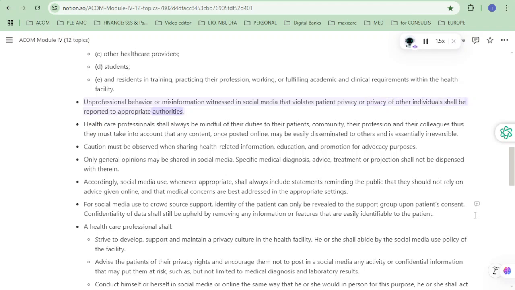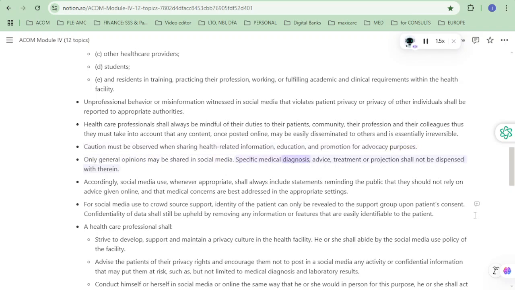to appropriate authorities. Healthcare professionals shall always be mindful of their duties to their patients, community, their profession, and their colleagues. Thus they must take into account that any content, once posted online, may be easily disseminated to others and is essentially irreversible. Caution must be observed when sharing health-related information, education, and promotion for advocacy purposes. Only general opinions may be shared in social media.